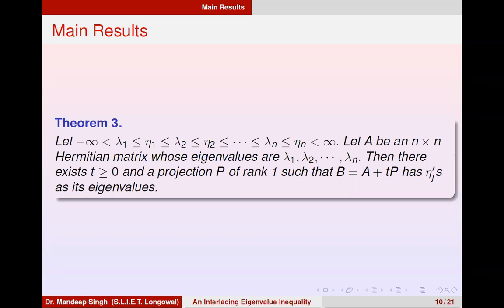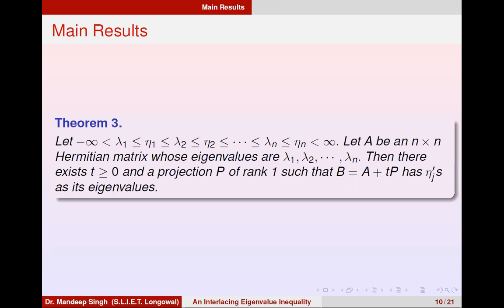Can you find two matrices whose eigenvalues are lambda j's and the other matrix has eigenvalues eta j's? Diagonal matrices, but I just remove the condition Hermitian.